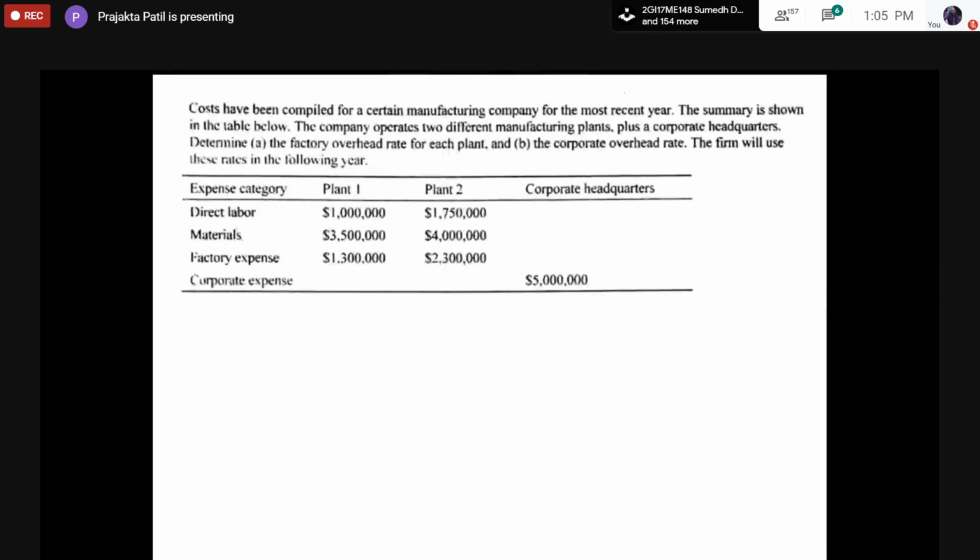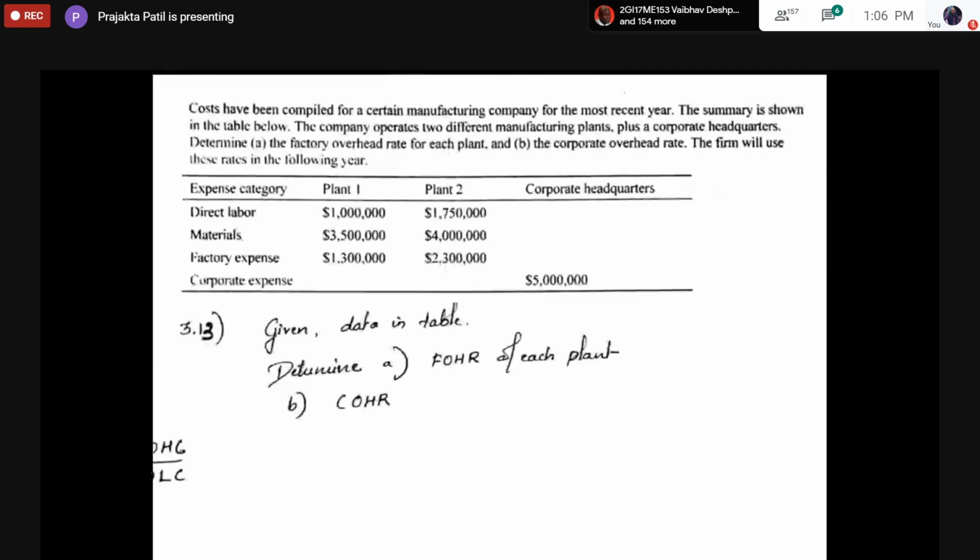Just as you have solved the previous problem, you have to solve this also. As the problem statement is there in the textbook, here is the solution. You can directly write down the answers and solve later, because it's an unsolved problem.